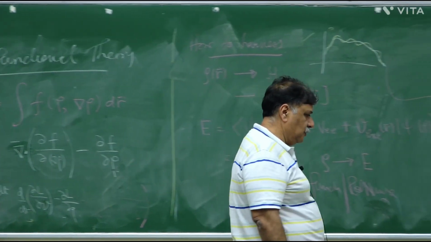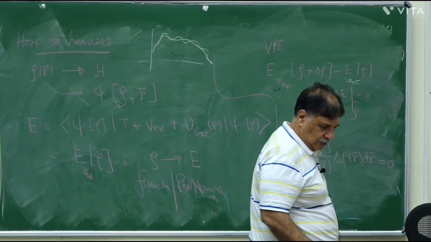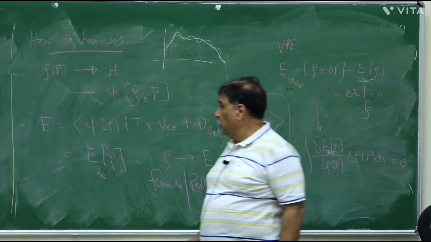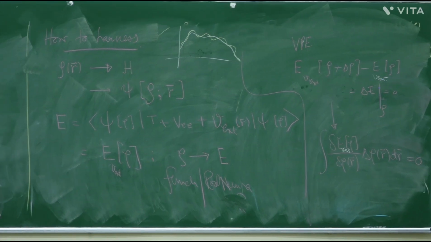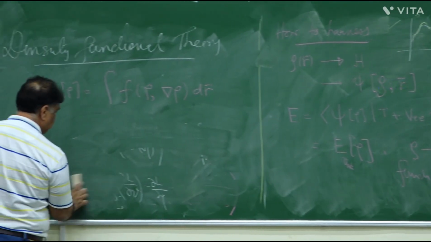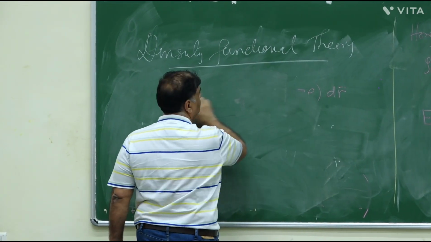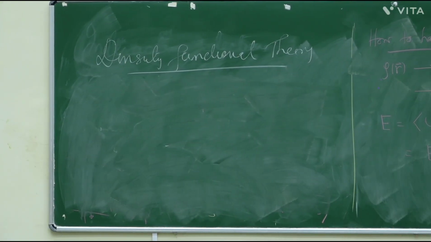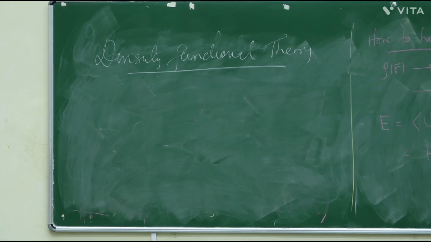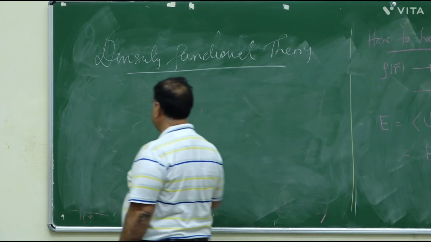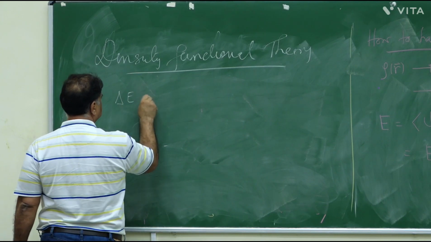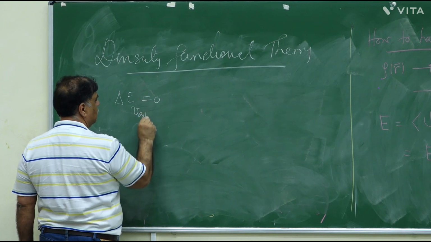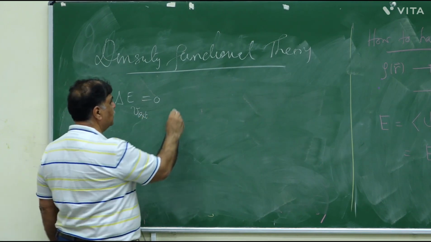Okay, so now that we have found that I can take the functional derivative and it should be 0, that's my argument. I should be varying E, so delta E should be 0, keeping V external fixed, and there is a condition.